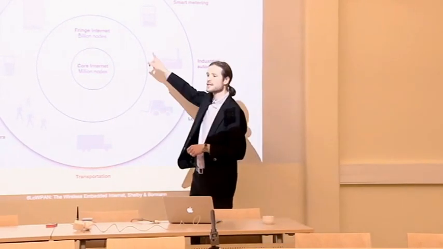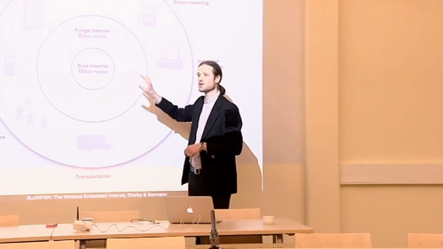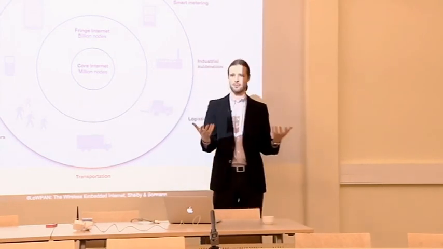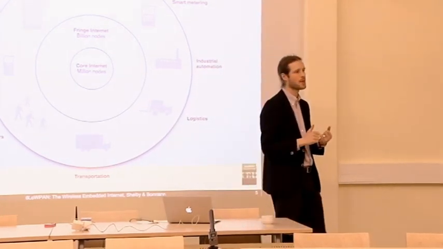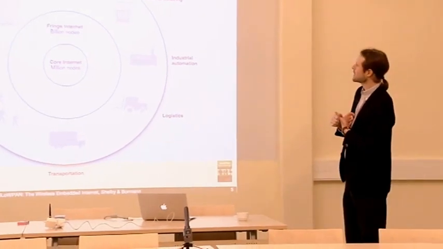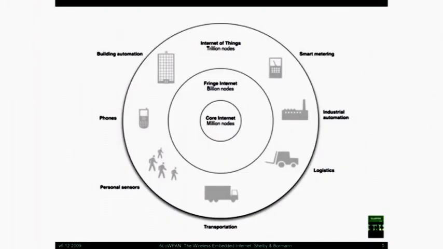So that's the fringe of the Internet. That's never going to get bigger than some billions of nodes, because those devices require people to use them and maintain them. But now what we see happening is that we have all kinds of applications being connected to the Internet which have nothing to do with the number of people which have them or buy them or maintain them.